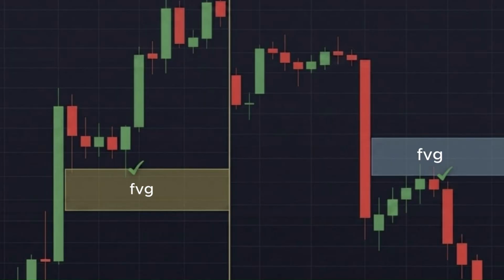A fair value gap is essentially an imbalance created when institutions enter the market aggressively with large amounts of volume. And because price moves so aggressively during that expansion, it often leaves behind an inefficiency inside price action, almost like a gap in delivery. And very often, price later returns to rebalance or partially fill that inefficiency before continuing its move.